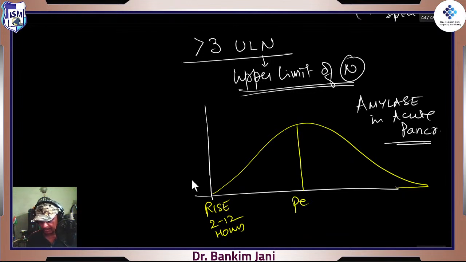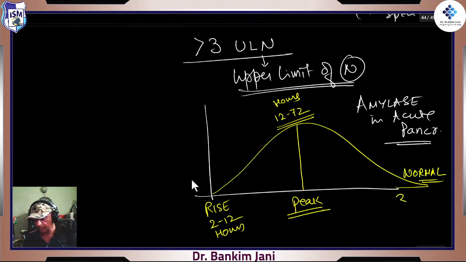That's the peak, and this peak is reached in 12 to 72 hours, means 3 days. Then it will start falling, and this amylase will become normal after 3 to 4 days. So after 3 to 4 days, if you go for serum amylase, it will be normal.